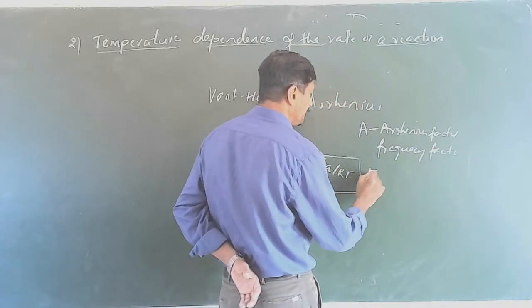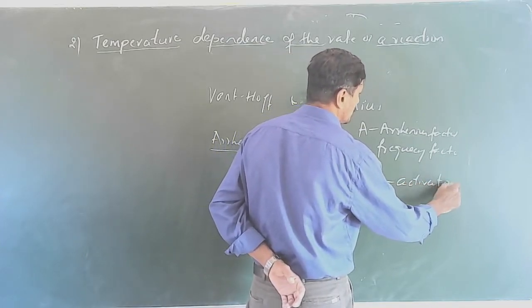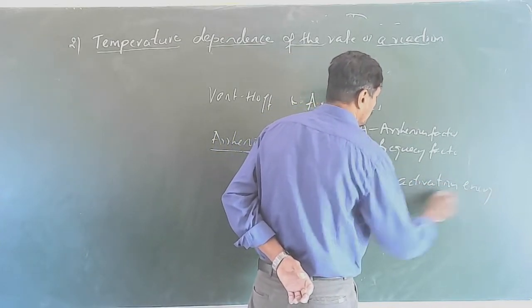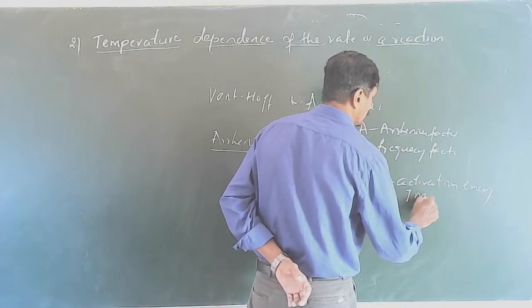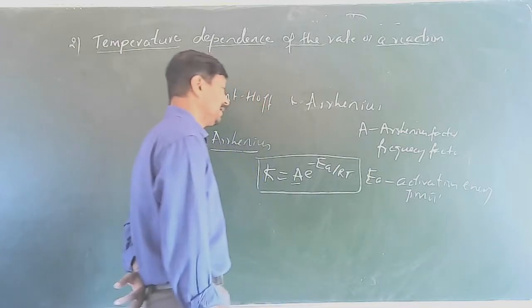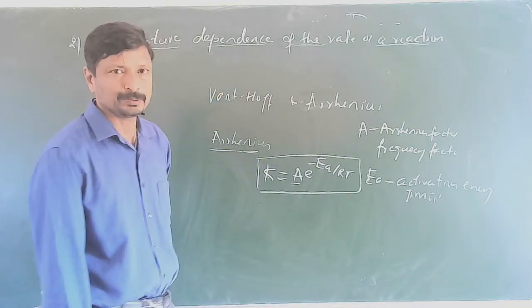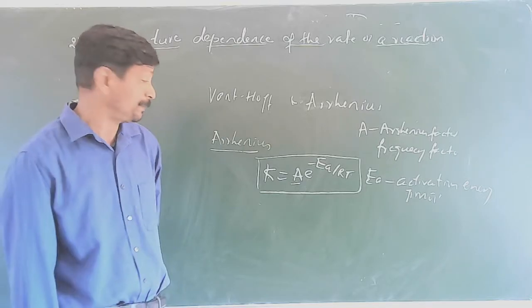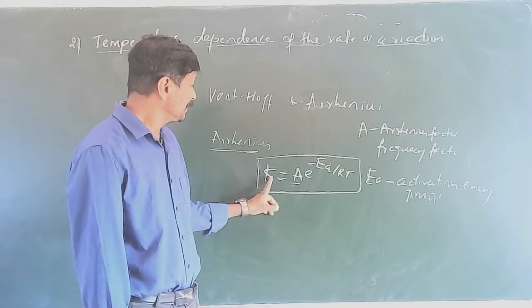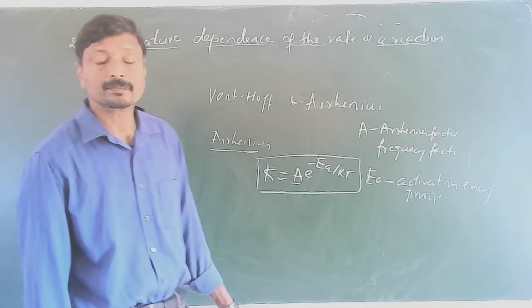Here, Ea is the activation energy in joules per mole. Energy is measured in joules. R is the gas constant, T is the absolute temperature, and k is the rate constant.